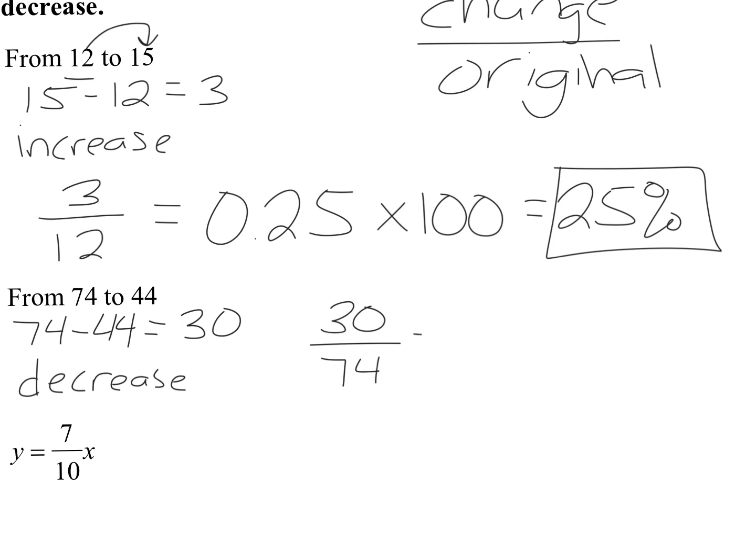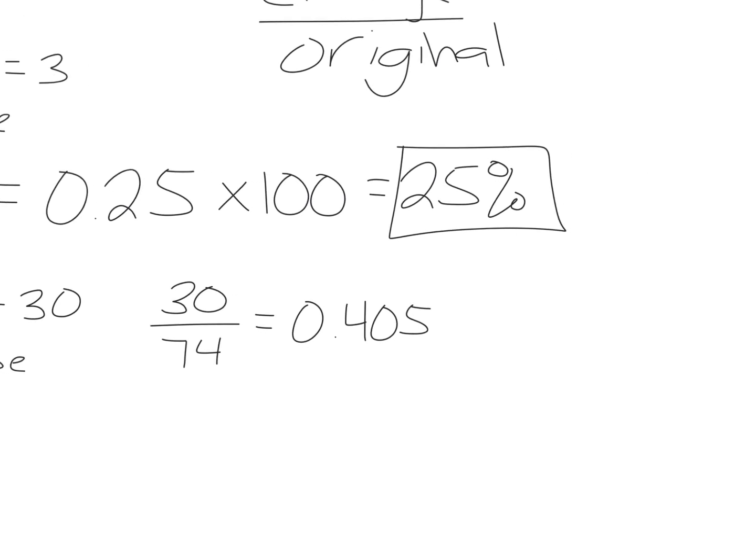What do you get when you divide those? 30 divided by 74 is about 0.405. And I can't leave it like that, so what do I have to do? Multiply it by 100, so you get about 40.5%, or about 41%.